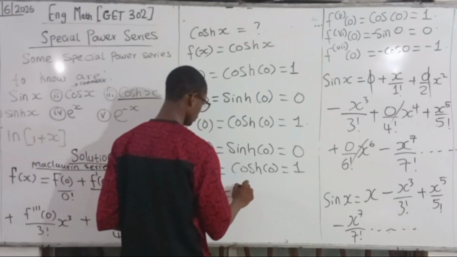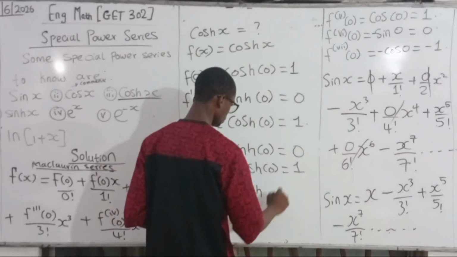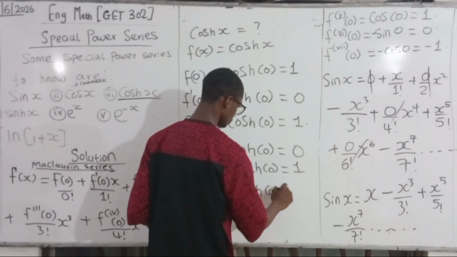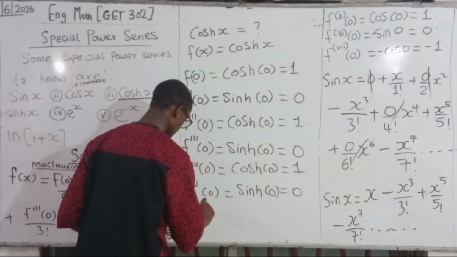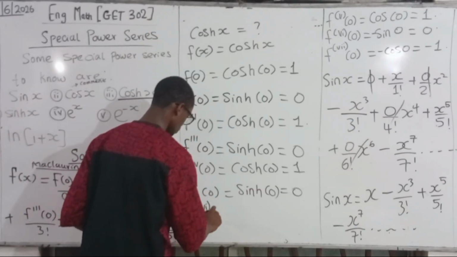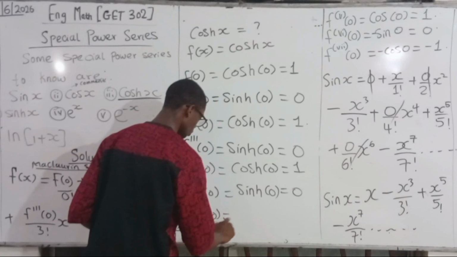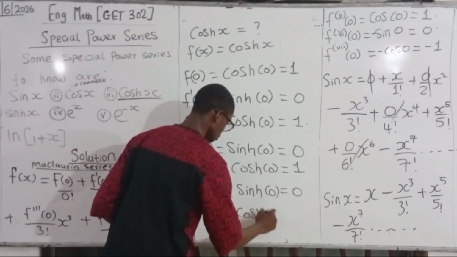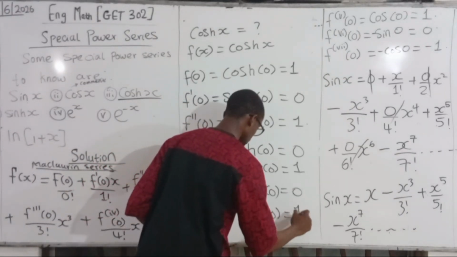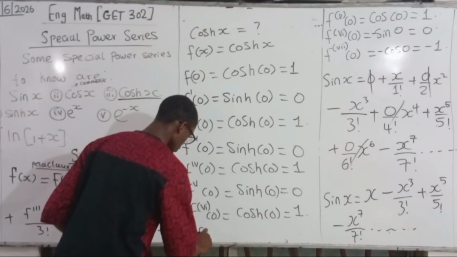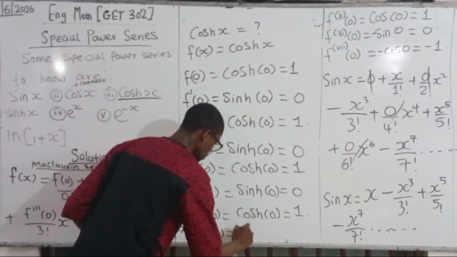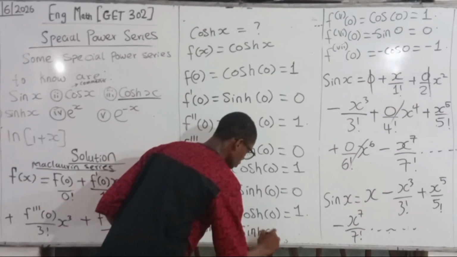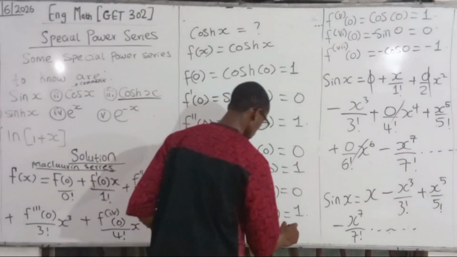The fifth will give you sinh 0, which is 0, and we have the sixth of 0, which will give you cosh 0, which is 1. So the seventh of this will give you sinh 0, which is 0.